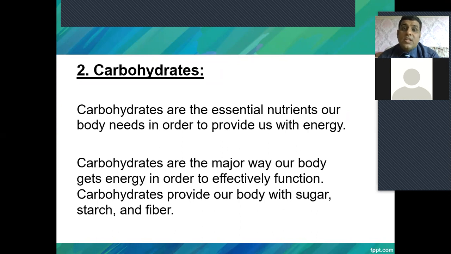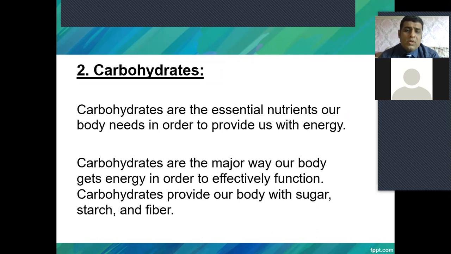At the end of every TCA cycle, every carbohydrate cycle, your body gets energy in the form of ATP. So carbohydrates are the major source of energy for our body to function effectively, and for energy sources they are considered the best kind of food.